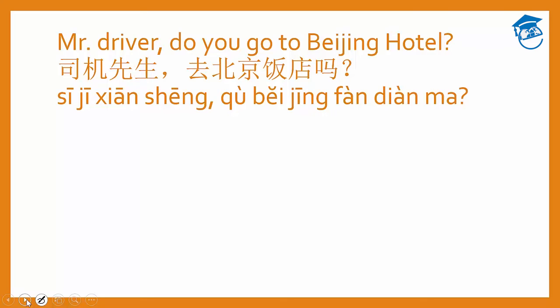So, in that sense, it should be pretty easy to you, as it is just to ask, you go to Beijing Hotel? To make it a question, you just say, do you go to Beijing Hotel in English? So there's no new word here, as you have learned all the words here. Let's go to the next one.